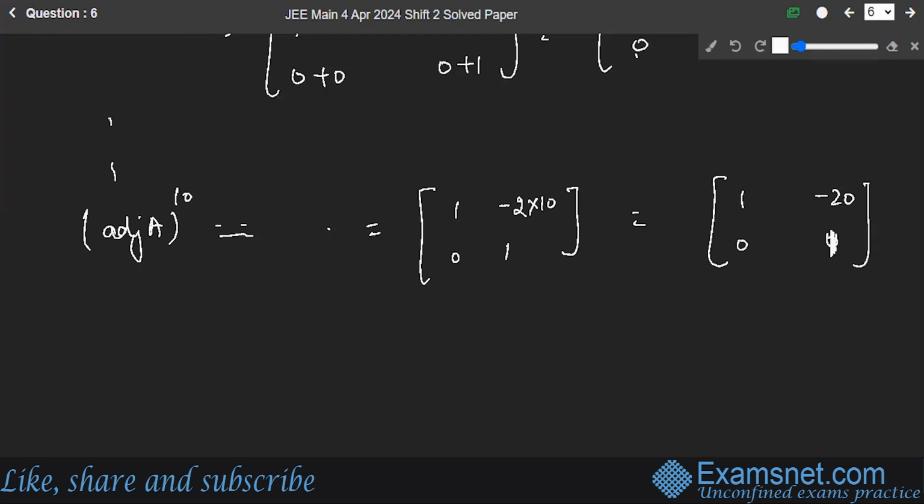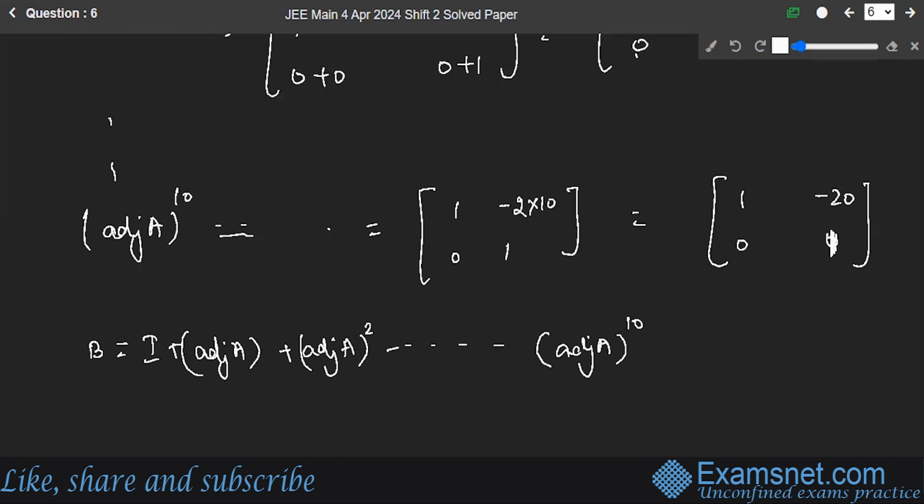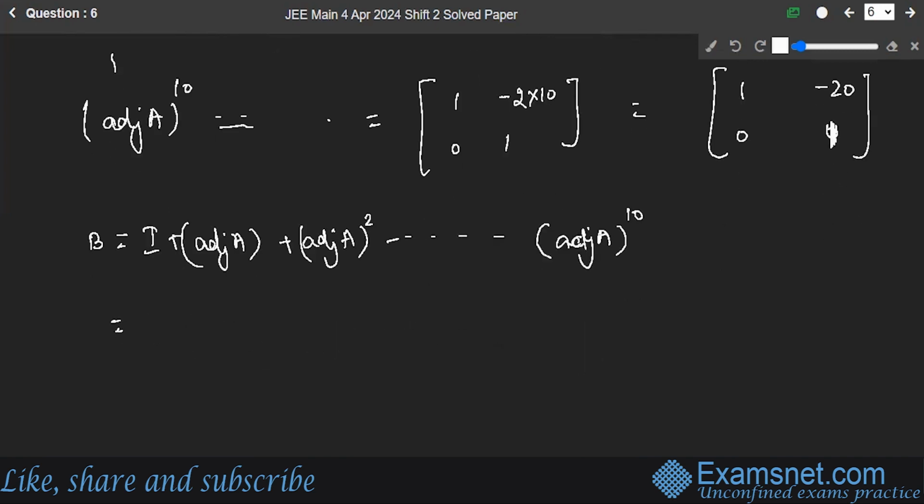Okay, so what you have to find out, the B matrix was equal to the identity matrix plus adjoint of A plus adjoint of A square, up to adjoint of A power 10.